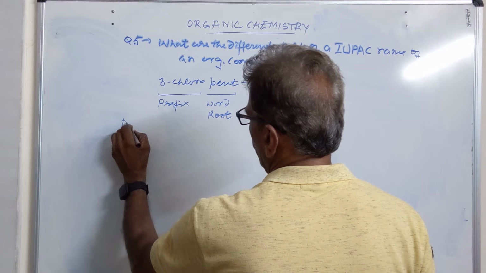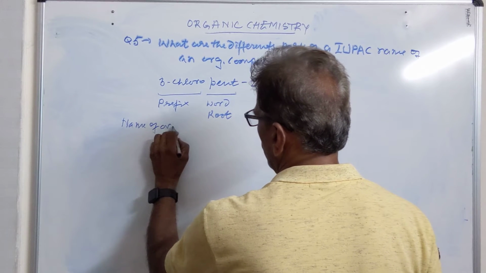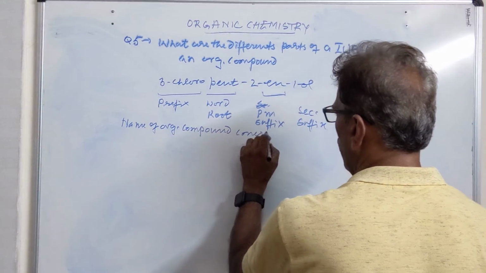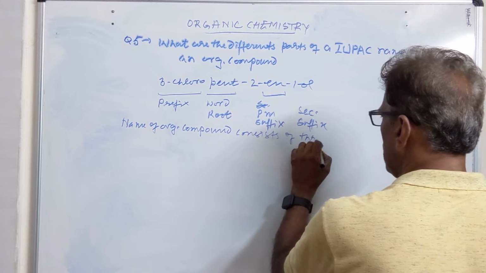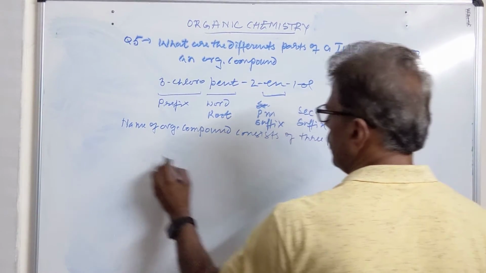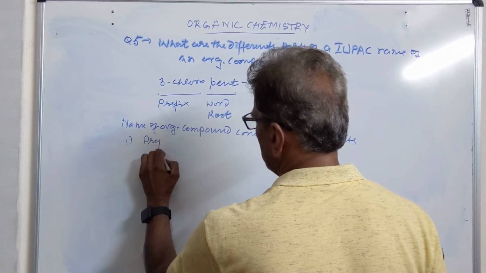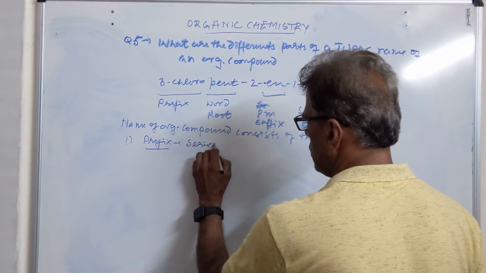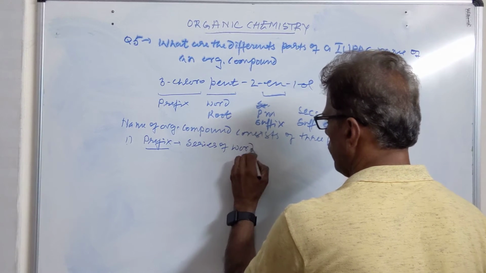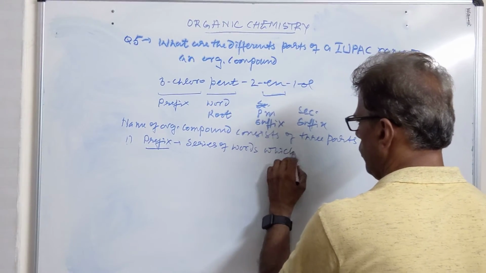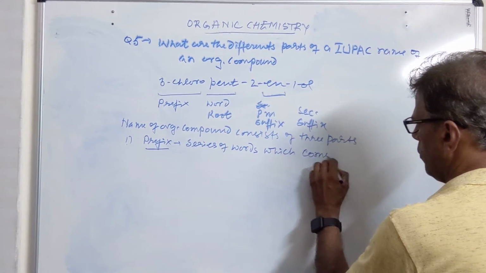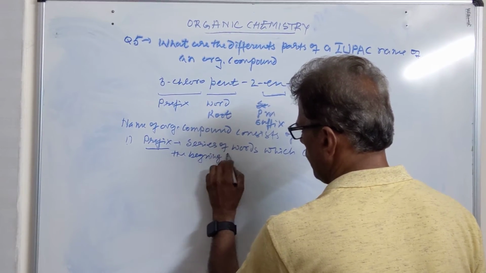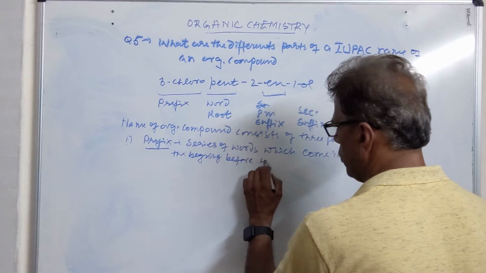So the name of an organic compound consists of three parts. Number one is prefix. These are the series of words which come in the beginning before word root.